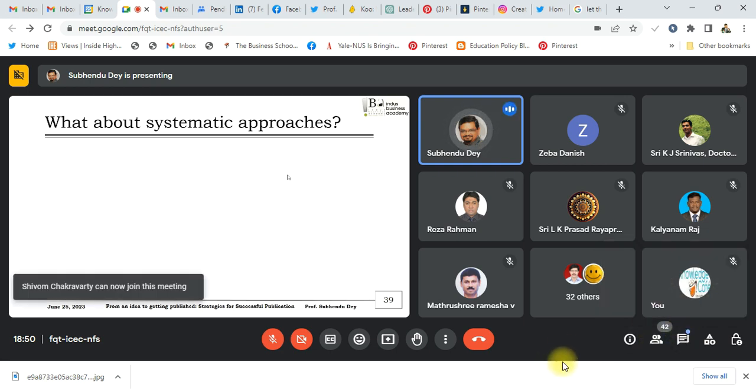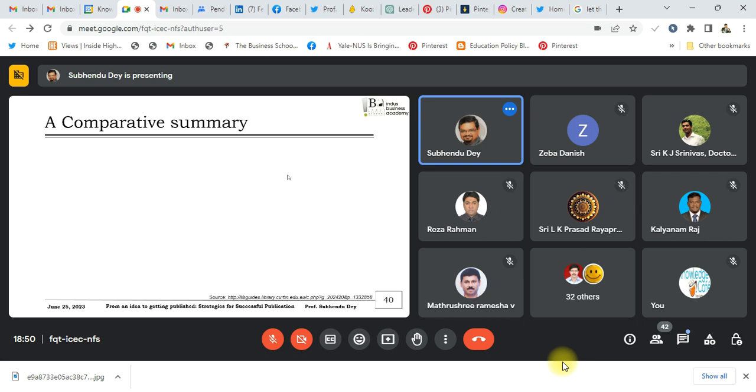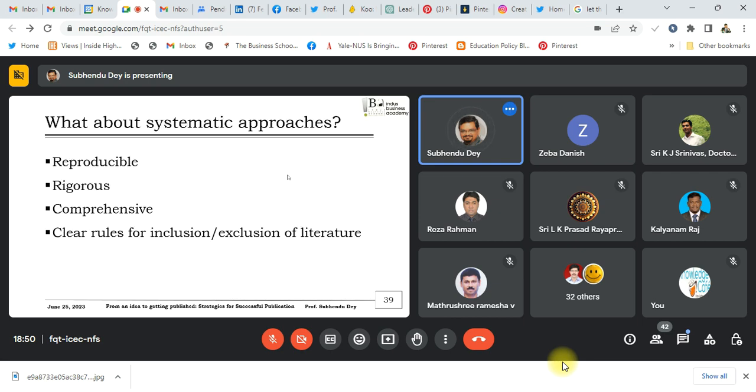So what it does basically is it helps you with a very, very clear set of objectives which are explicit, which are reproducible.